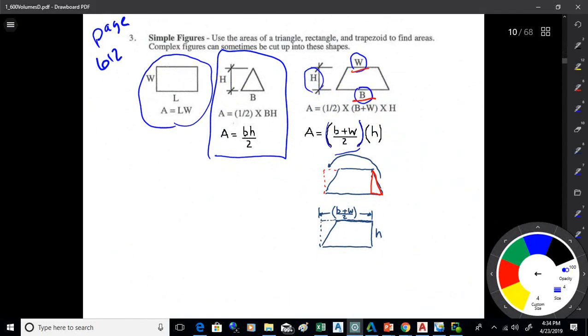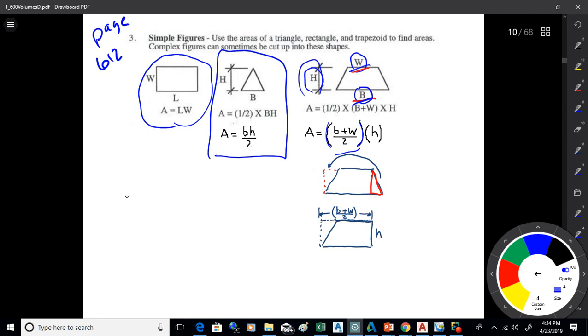Now in this class we'll find areas just by using basic geometry. So we'll start with simple figures. The area of a rectangle is the length times the width. Area of a triangle is 1/2 base times height. If we have a trapezoid, what we can do here is take the average of the base and the top width, so b plus w over 2, and multiply that by the height, and that'll get us the area.